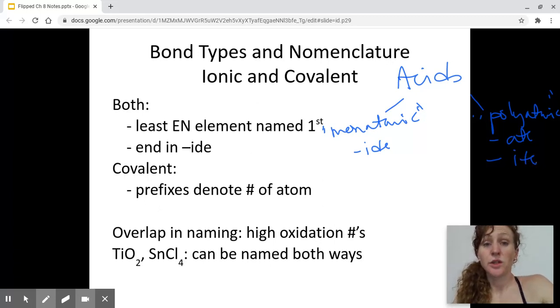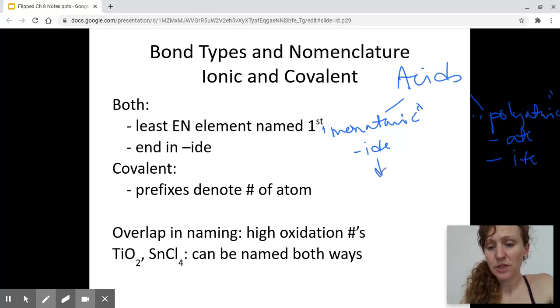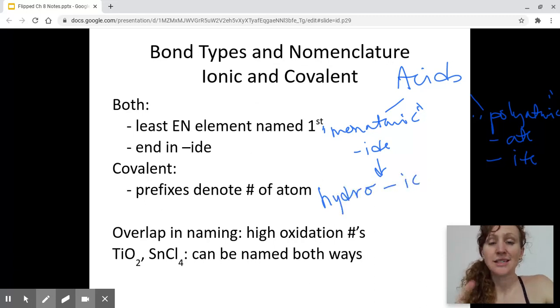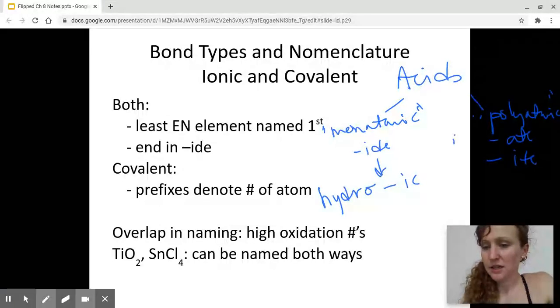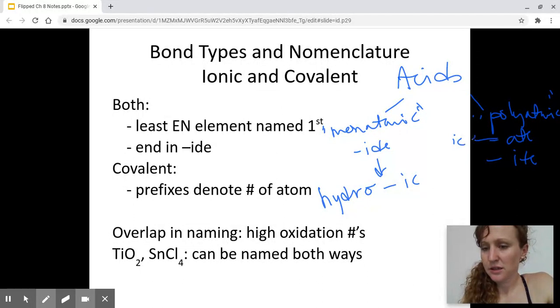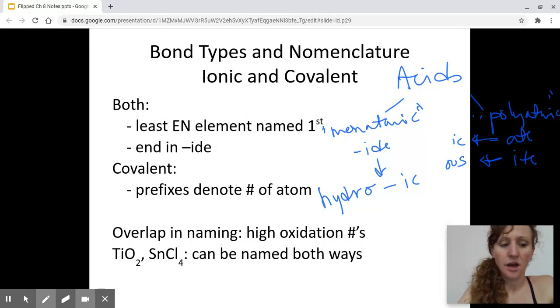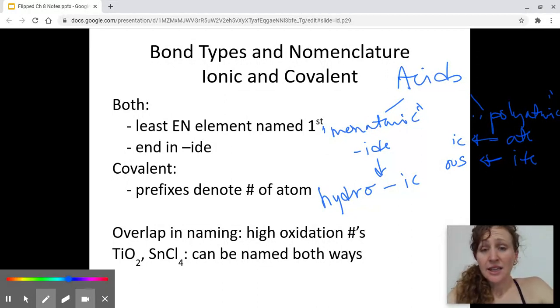When you change these, -ide becomes hydro-...-ic. Notice it's not hypo, like the polyatomic ion name. It's hydro. And then -ate becomes -ic. -ite becomes -ous. And that's about all you have to know about acids.